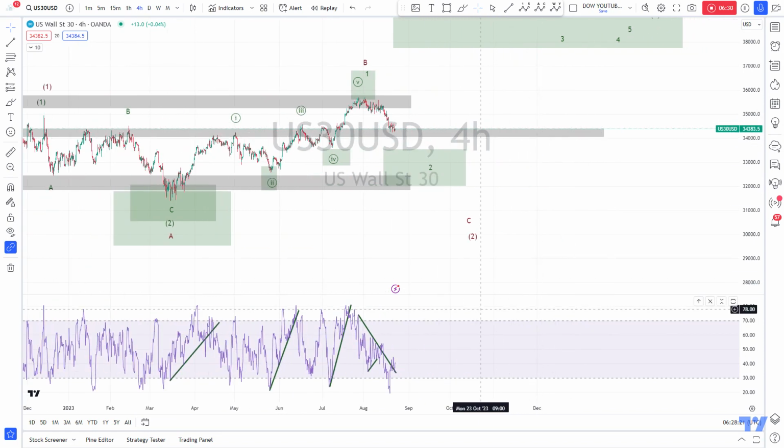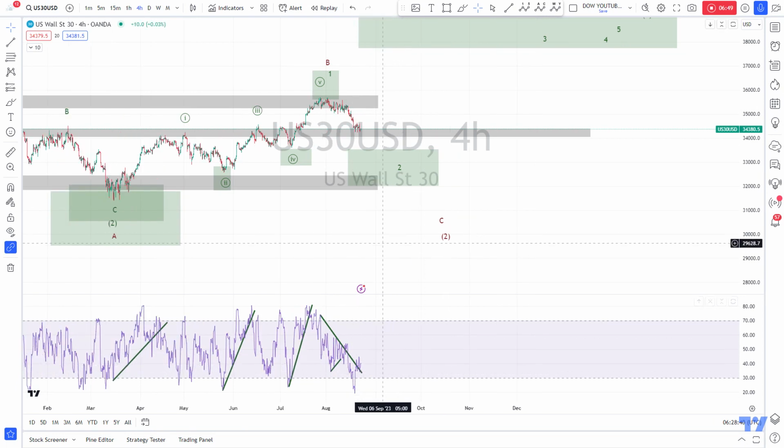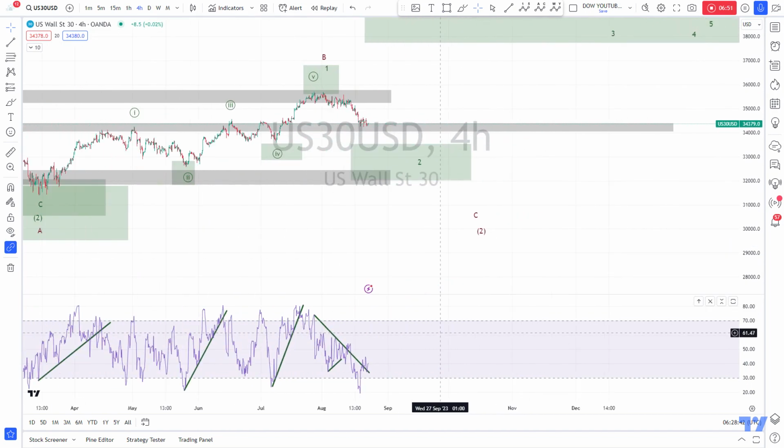So first of all, if we look here at the 4 hour, it looks like this downward cycle is over. However, so far we did not succeed in really having this push up or starting the upward cycle.